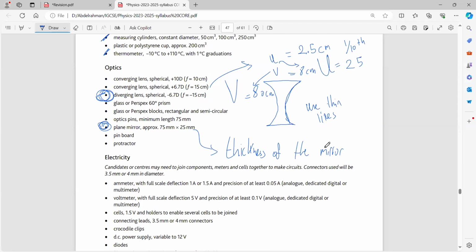Yes, the thickness of the mirror, the thin lines, these are all used in optics. Whenever you have a converging lens, if you have a ray box, if you have a ray trace sheet, you have to use thin lines. You cannot use thick lines. What do I mean? This is a thin line I'm drawing, and this would be a thick line.